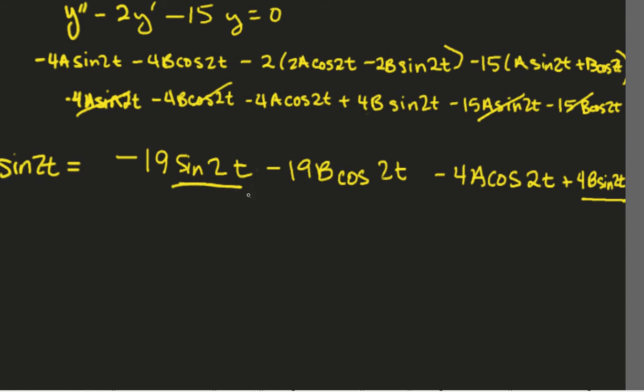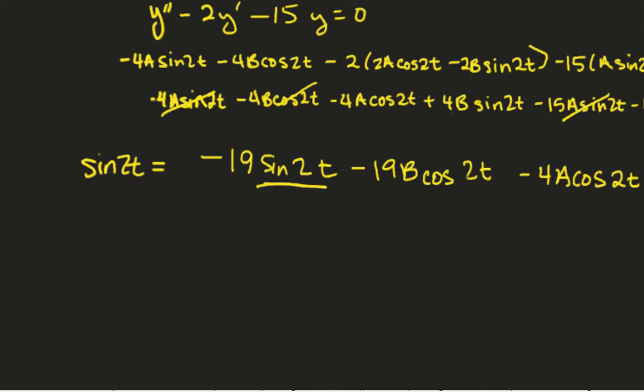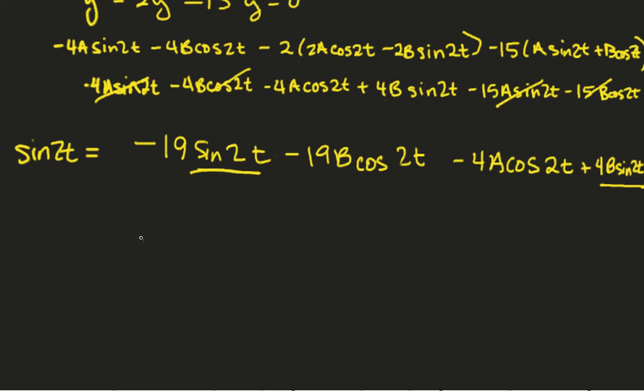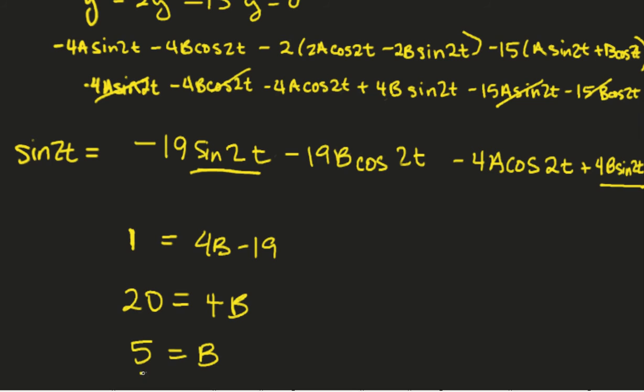So what we would do is factor out the sine 2t, and we would get one equals 4b minus 19. Add the 19 on both sides. B is equal to 5.